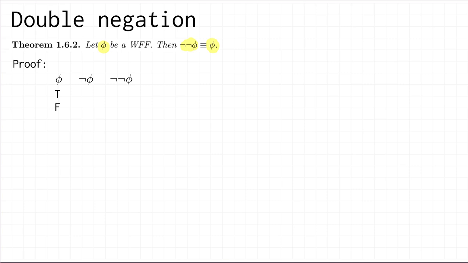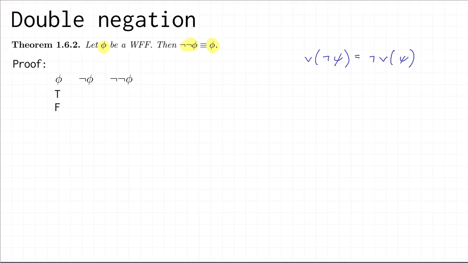Now, if you remember, our way of assigning truth values to well-formed formulas under a particular truth assignment had a particular property. So one property is that if the truth assignment is called V, then V of the negation of any well-formed formula is the same as the negation of V of that well-formed formula, like this.